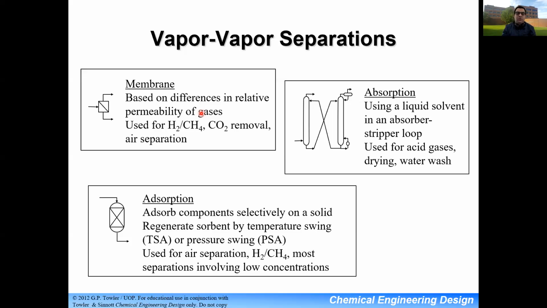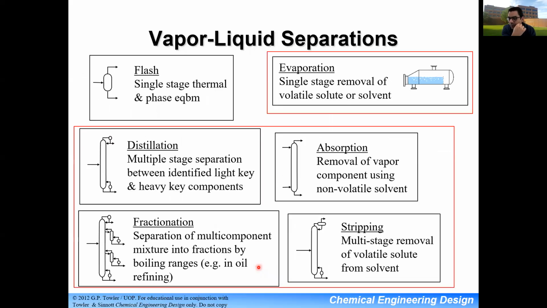So now what I do is I have a regeneration step where I switch on a sudden change in temperature or a sudden change in pressure, and then this adsorbent will release the hydrogen and I get my hydrogen out. Okay, so this is the idea of an adsorption. And again, you use adsorption when you have very low concentrations because it's more effective or makes sense economically at lower concentrations. Okay, let's start talking about vapor liquid separations.